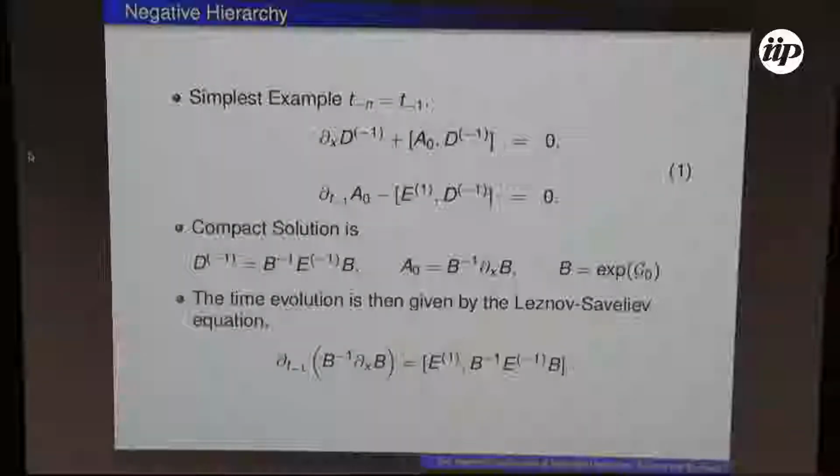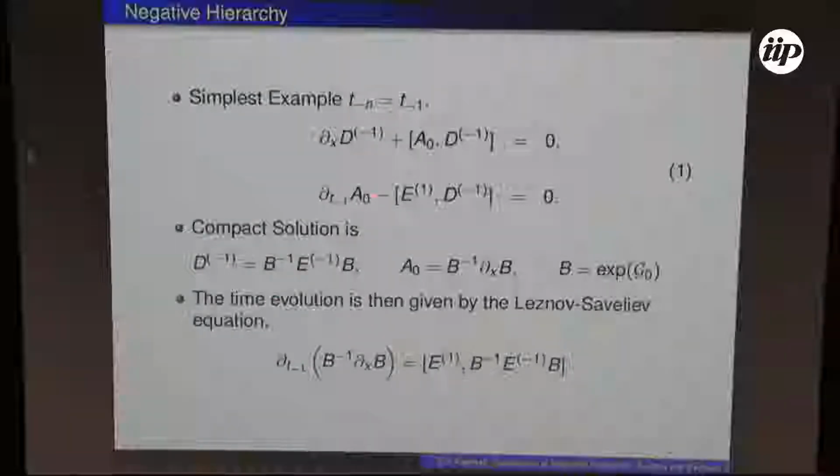So the first equation is trivially solved if you parameterize D_{-1} as a conjugation of some grade -1 element by some zero grade group element. And A0 will be written as a pure gauge with the same group element. So if you plug D_{-1} and A0 into this equation, you get 0 equals 0. It's automatically satisfied.